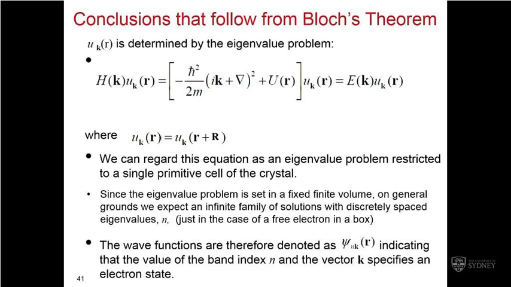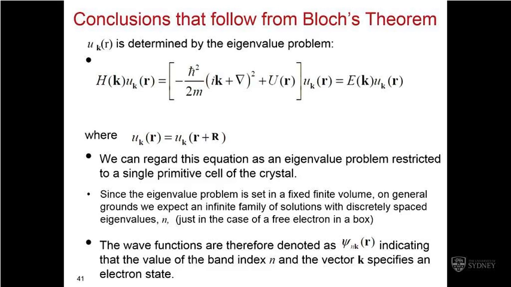So the eigenvalues that we actually get will be, like in the case of a free electron, discretely spaced solutions of energy eigenvalues, and we call those n. It's analogous to the case of the free electron in the box. Okay, so we'll get a whole set of energy eigenvalues.